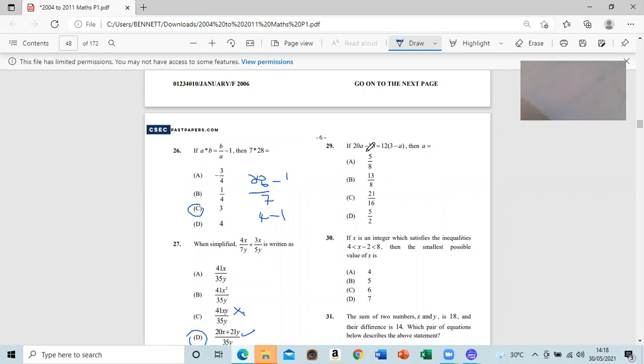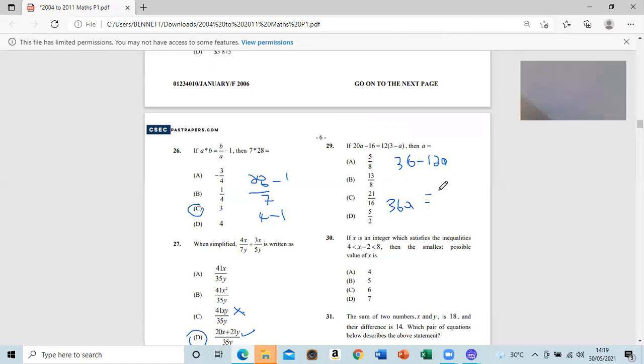All right. So if 20a minus 16 is equal to 12 bracket 3 minus a. What is a? Somebody expand this and get what? 36 minus 12a. And over here, so we're going to bring over the 12a, so we're going to get 36a. Guys, just work it out. 36a is equal to 36 plus 16.